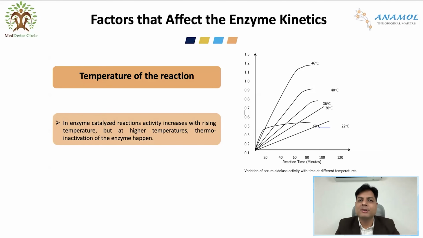whenever we do a clinical chemistry test in a pathology lab, we incubate the test at a particular temperature. Now, if we don't maintain the required temperature, then the enzyme activity will not be at its peak, and we will have a false result. Say, for example, we need to measure the enzyme activity at 37 degrees Celsius, which means how much product is formed at 37 degrees Celsius per minute.